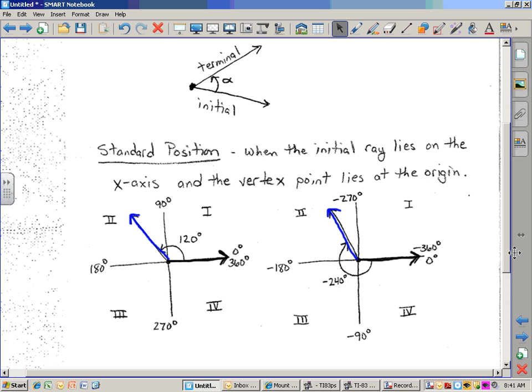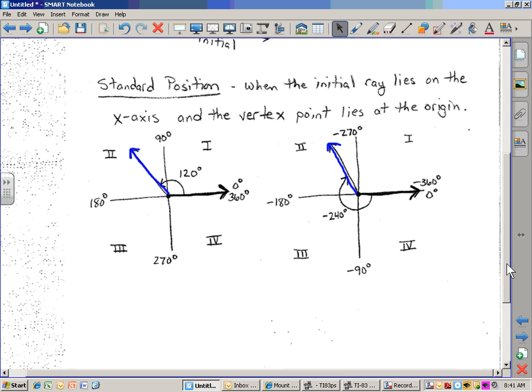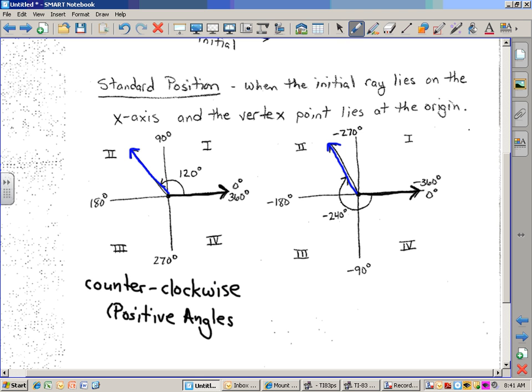Now, if you are measuring in a counterclockwise fashion, you will be measuring positive angles. If you are measuring in a clockwise fashion, you have negative angles.